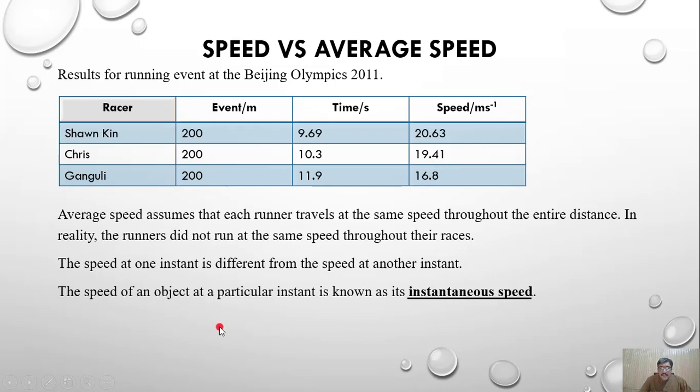For example, if you have 3 points A, B and C, one instant is A to B and the other instant is from B to C. So from A to B the speed is going to vary. Similarly, from B to C the speed is going to vary. So for A to B, whatever the speed is, that is known as instantaneous speed, because we have this one particular instant for that object.